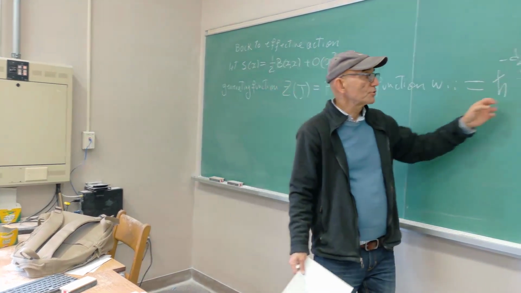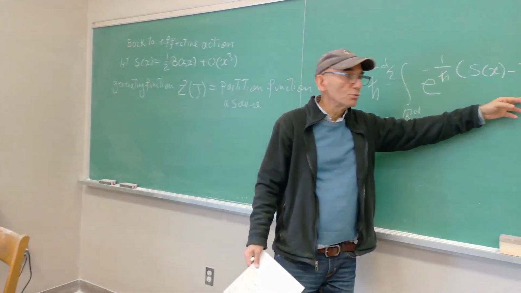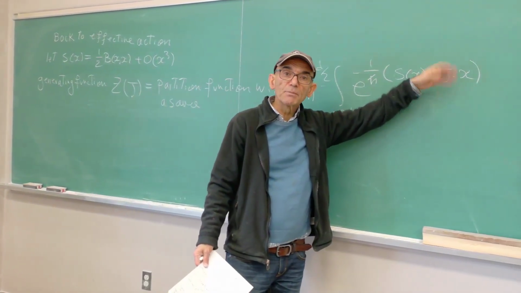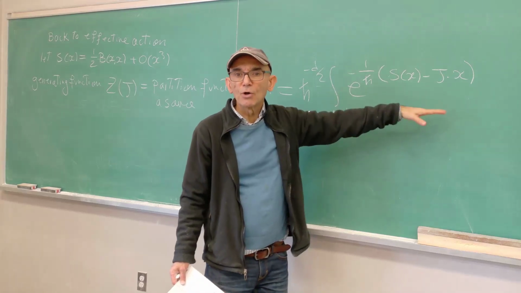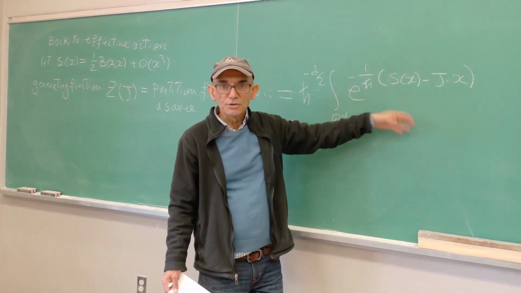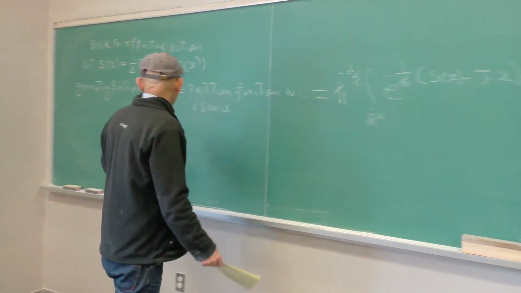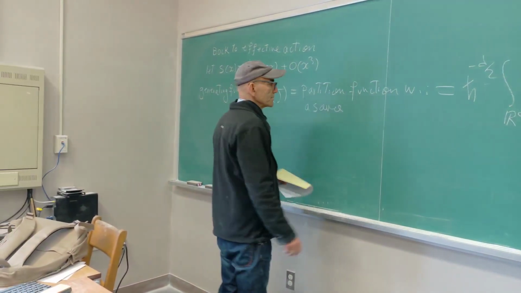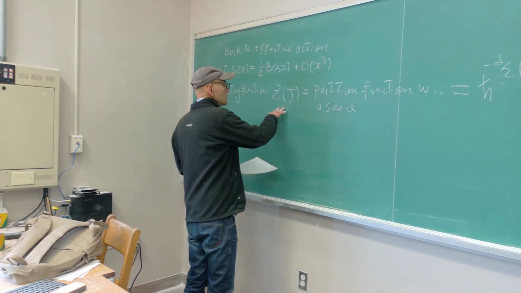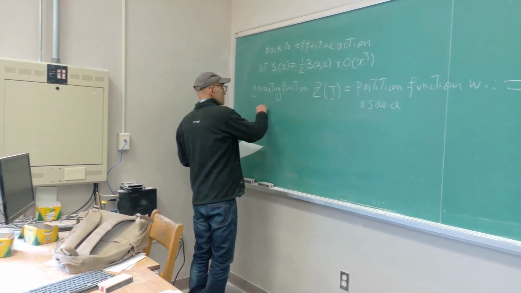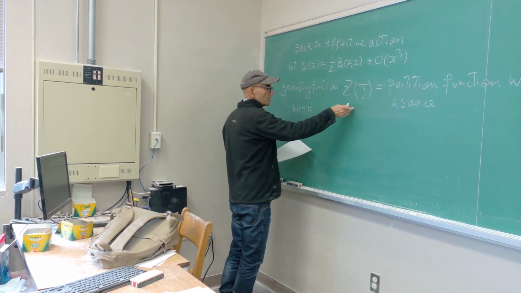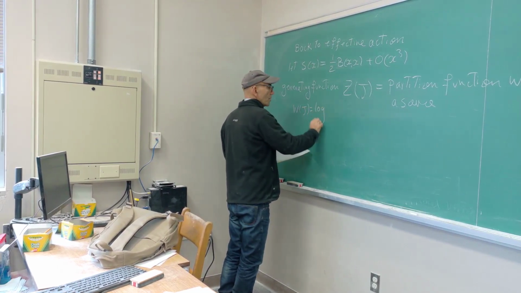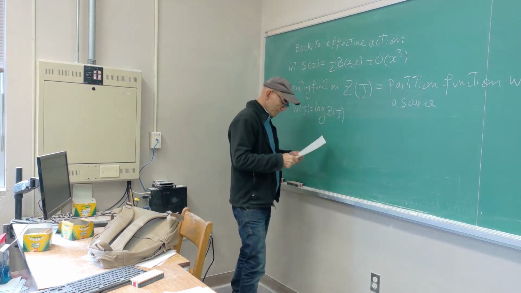It is a generating function indeed, because if you differentiate this with respect to J many, many times, you're going to bring these x's down here, and then you create all the correlations, basically. So this is really a generating function for correlations. And log of this is usually denoted by W of J, which is the connected generating function. So this is log of Z of J.